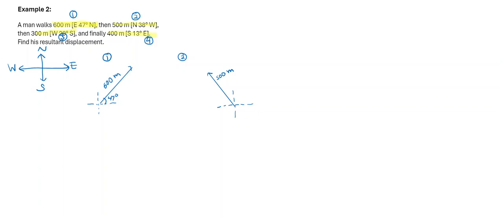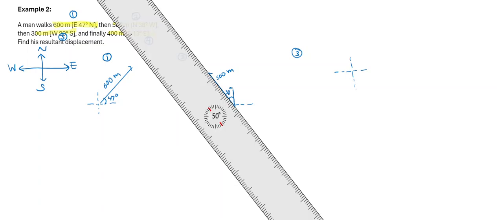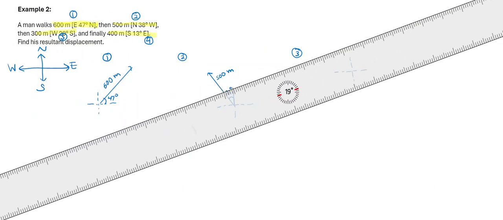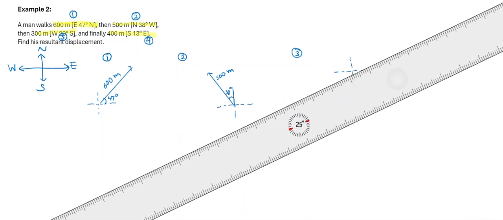It's north 38 degrees west. So we're actually going to start from north and then go this way. So that's our angle, actually. And then 300 meters west, 20 degrees south, which will look like this. So starting from the west and going south should be 20 degrees.